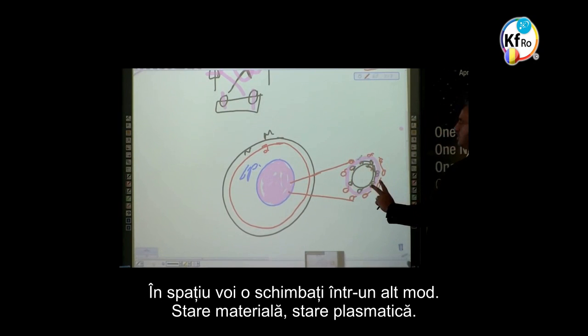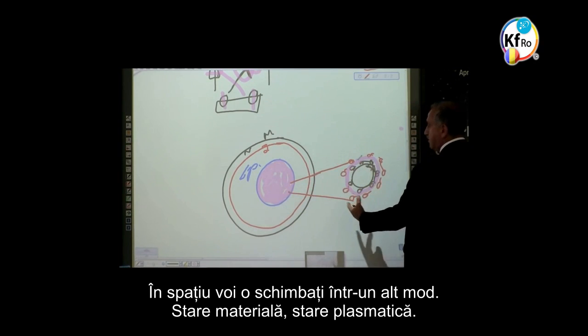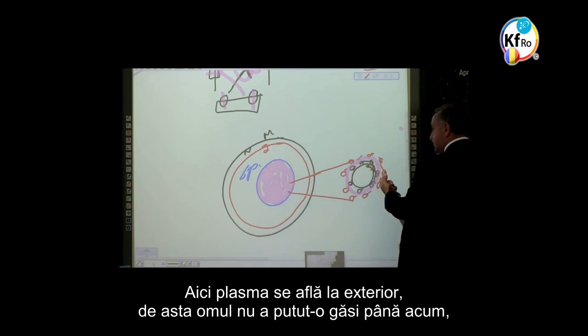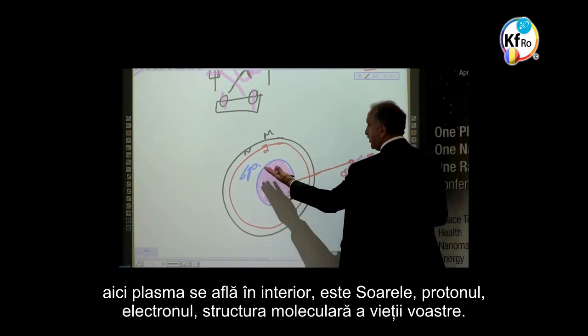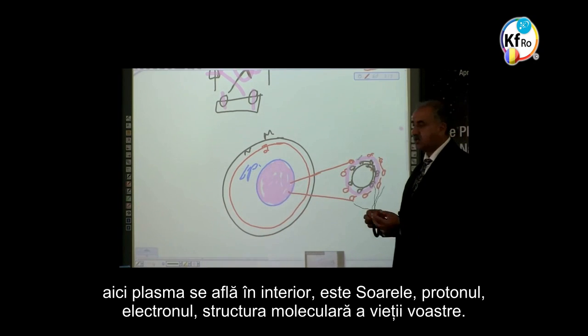In space, you change it the other way. Matter state, plasma state. Here, the plasma sits outside. That's why man could not find it up to now. Here, the plasma sits inside, the sun, the proton, the electron, the molecular structure of your life.